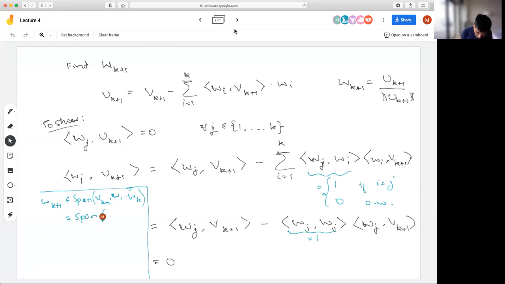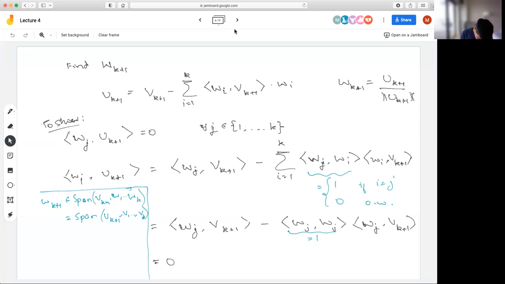Anything which is a linear combination of W_1 to W_k can be written as a linear combination of V_1 to V_k. So it's in the span of V_1 to V_k and V_{k+1}.